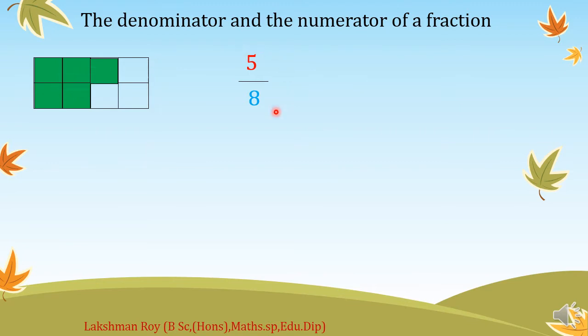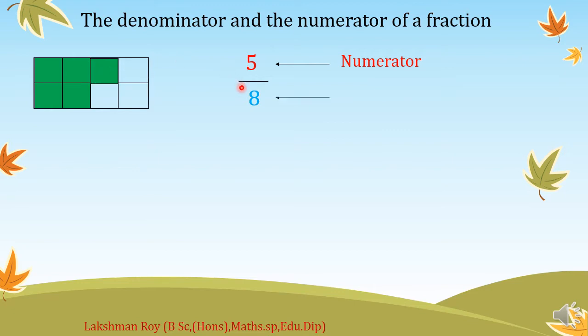Now you can see in this picture I represent this colored part as a fraction. So this is my fraction. Now you can see this fraction has two numbers, right? One number is above the line, another number is below the line. So those two numbers have two names. Let's see this one, 5. That number is above the line. So the number above the line is called the numerator. That is the number of parts we consider colored.